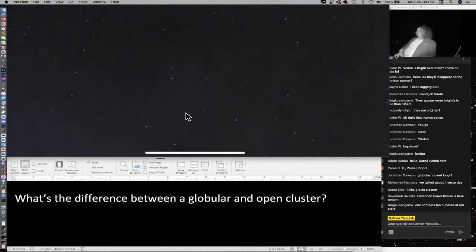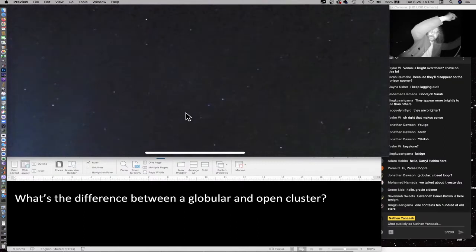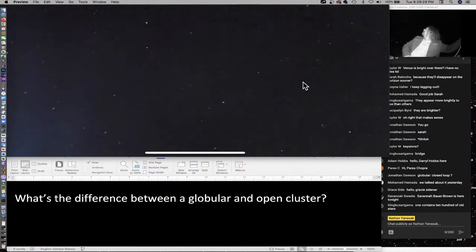All right, so that's Hercules and Draco. Let's see if I can zoom in a little bit more on Draco. So there's Draco's head. You can see the head kind of wanders around, and then there's the Little Dipper over there.